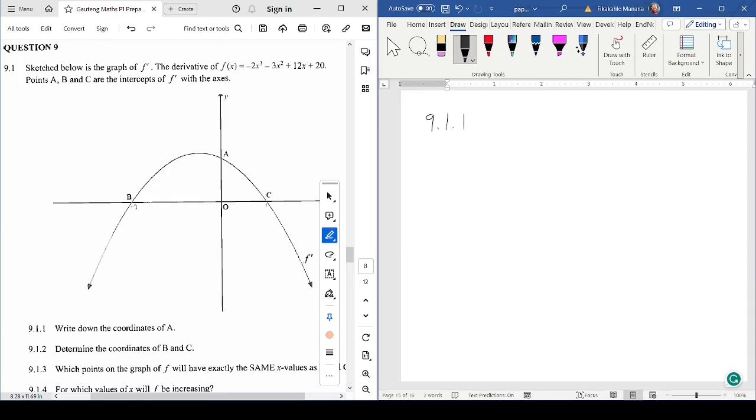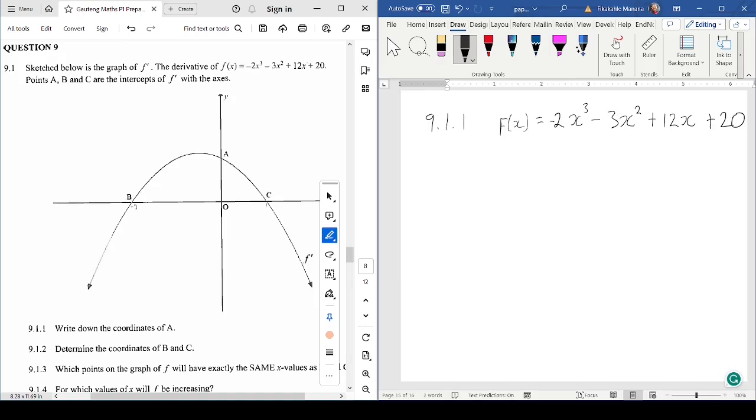But before that, remember the original function, f of x is equal to minus 2x cubed minus 3x squared plus 12x plus 20, as given above right here.